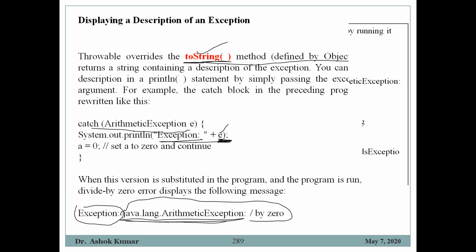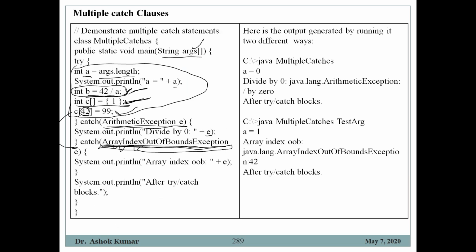If this line generates the error, then you will get the array index message and then the value of e, and e will give you java.lang.ArrayIndexOutOfBoundsException. So this is the error that you are going to get on your screen in the second case, right?